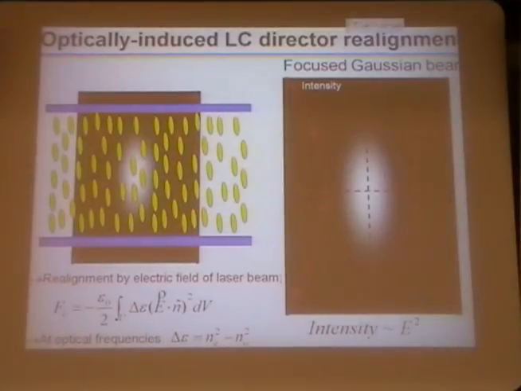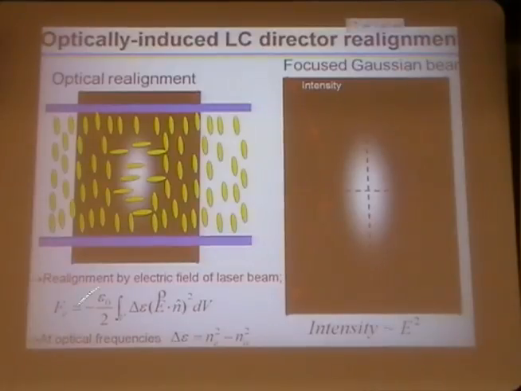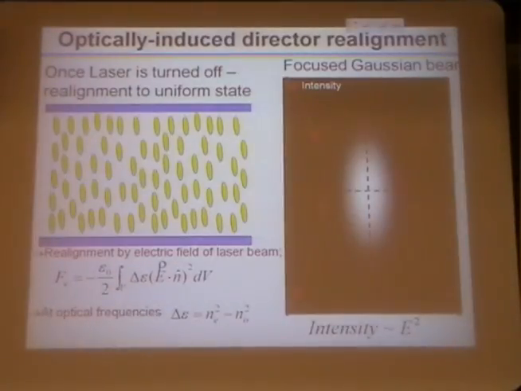And so if you shine a laser beam of light into a liquid crystal cell, we'll therefore expect realignment at high intensities, right? And so again, to minimize this kind of a term in the free energy. However, if you were to then turn off the laser beam of light, we would expect the director field going back to a uniform undistorted state just to minimize elastic free energy, right?